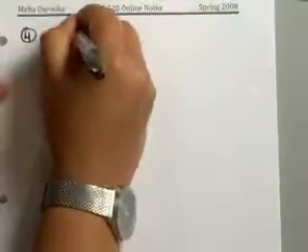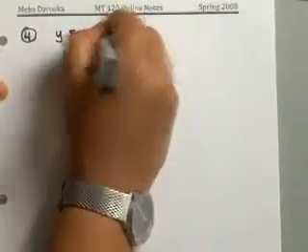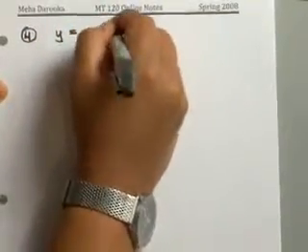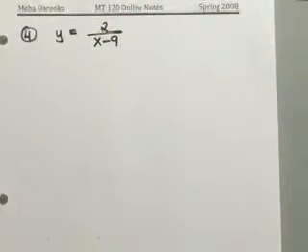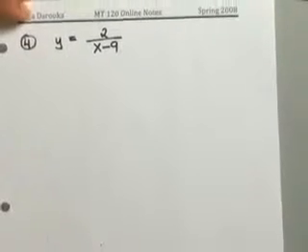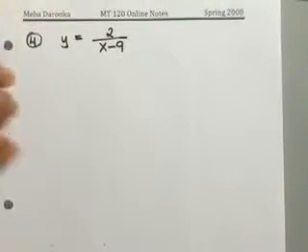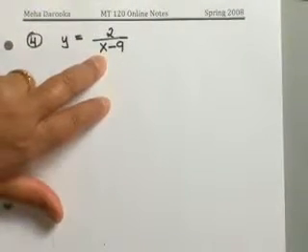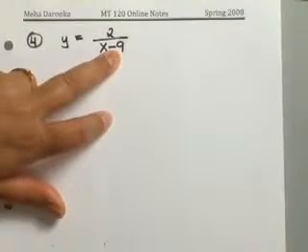And this one is y equals 2 over x minus 9. In this example, you can see that you have x in the denominator, but this time x is not by itself. You have x minus 9.